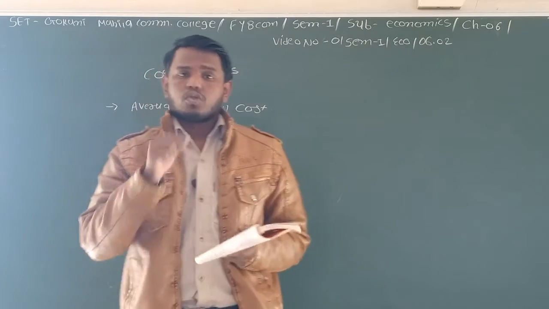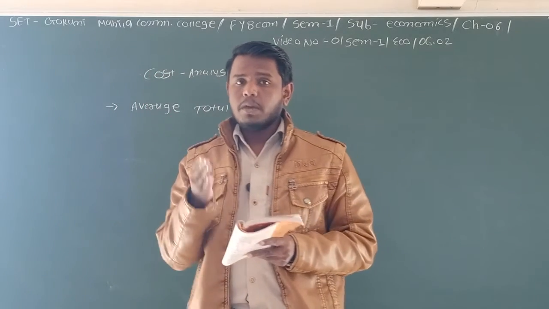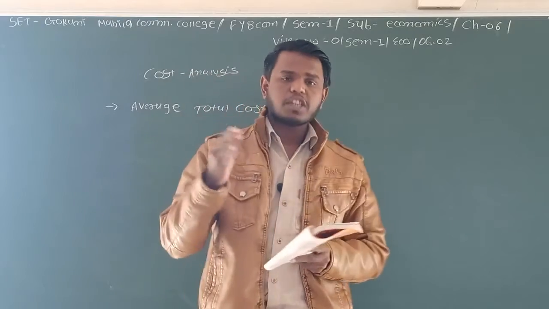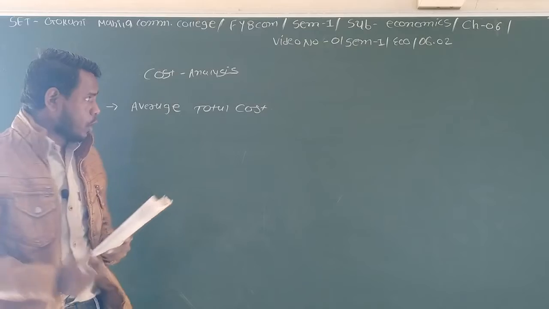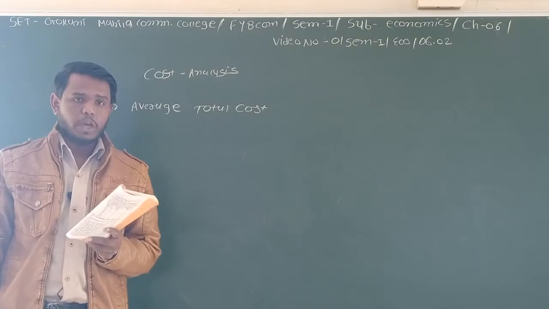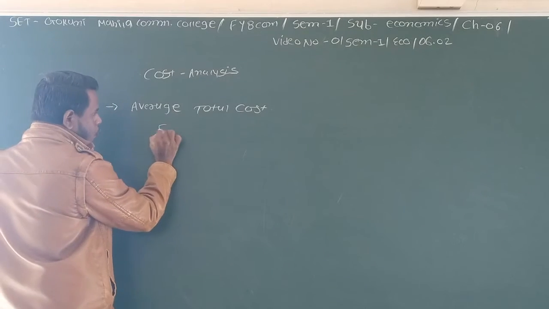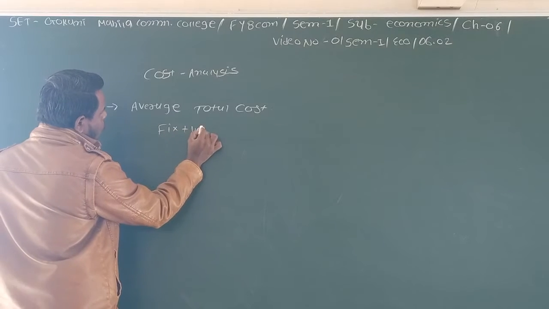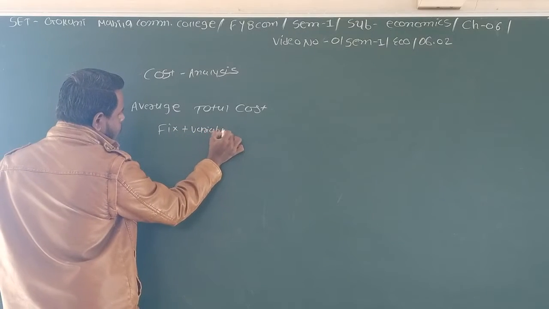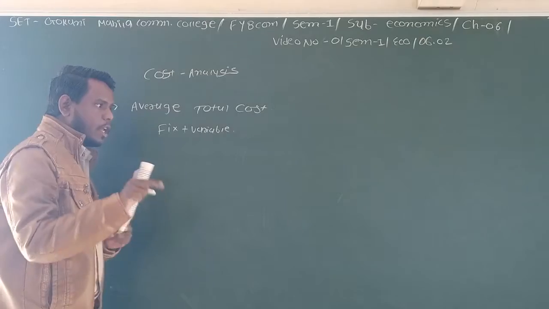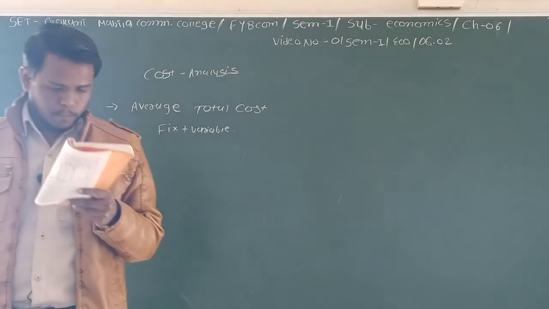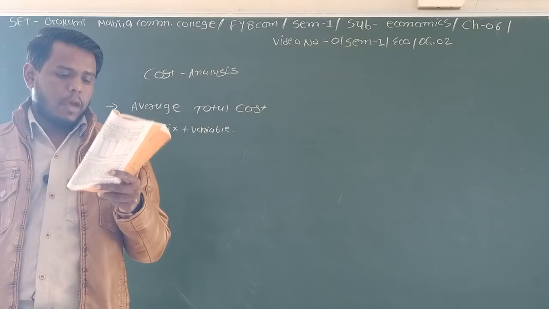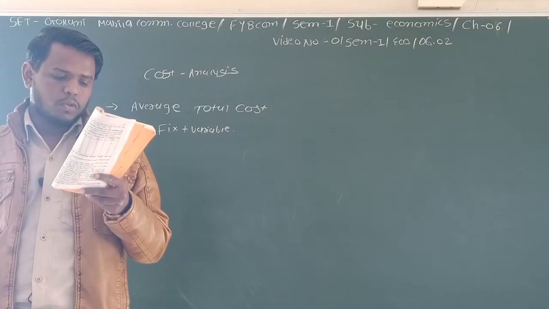What is total cost? Total cost means when you sum up fixed cost and variable cost. So what is the average total cost? It is the sum of average fixed cost and average variable cost. Average cost means the cost per unit of any commodity.